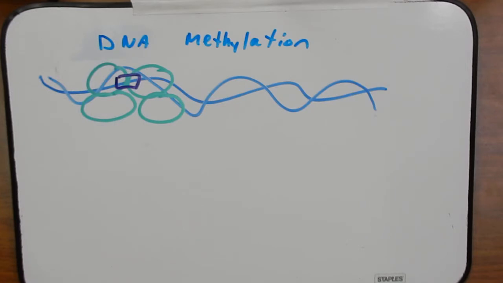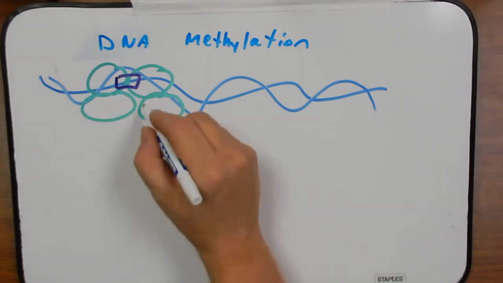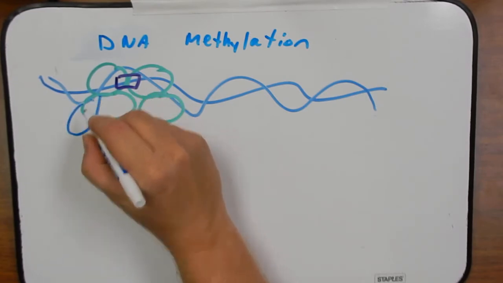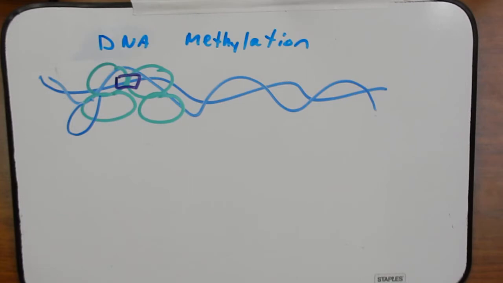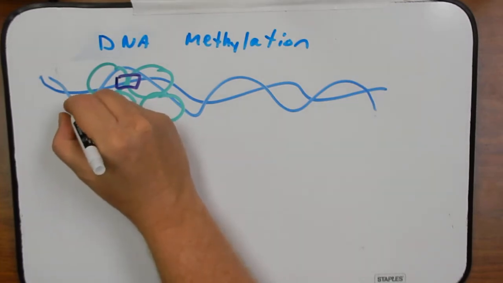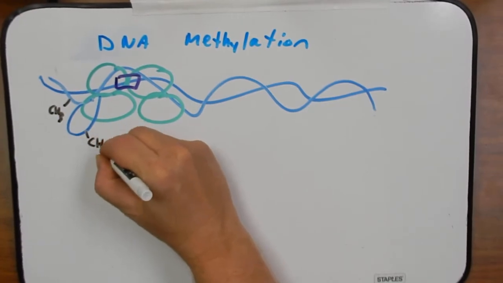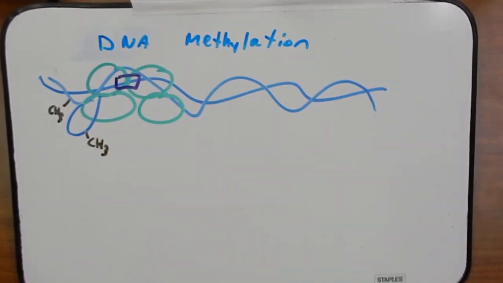We then recently talked about how in order to destabilize this nucleosome, we could pull some of the DNA out. What I want to focus on today is how we're going to methylate this DNA and the importance of methylating the DNA to help determine which genes will be turned on or turned off.